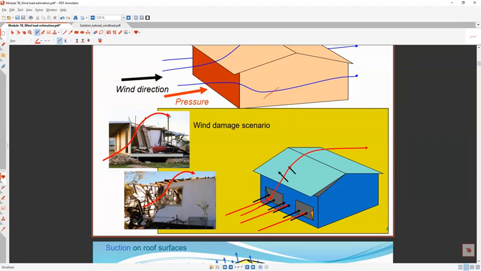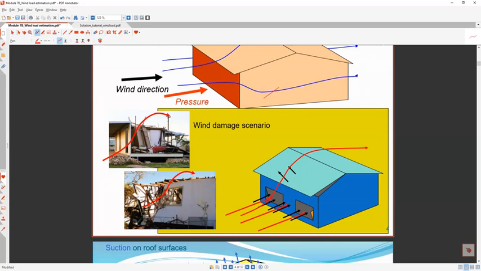But in many cases windows can be open, so wind can flow through. Secondly, they can also be broken. We are not doing it here, but it is good to know that in the cyclonic region in Australia, where we look at standard regions C and D, debris can be thrown into the window and break it, because a cyclone can throw anything.